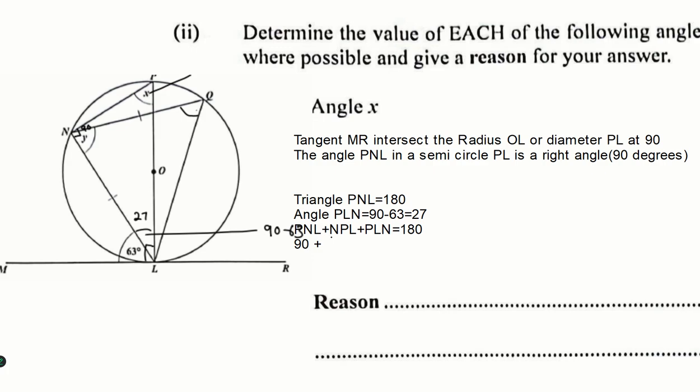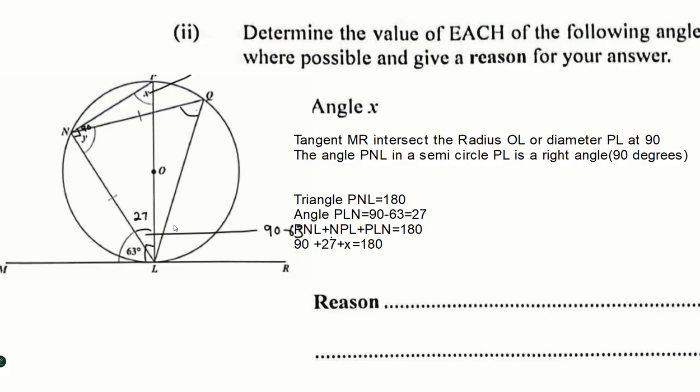So P and L, which is 90, plus NLP, which we found out to be, is this NL? Yeah, or PNL. PNL or NLP, whichever one you want to call it, plus 27 plus X, which is PLN, is equal to 180.